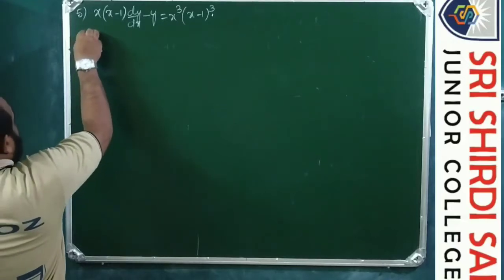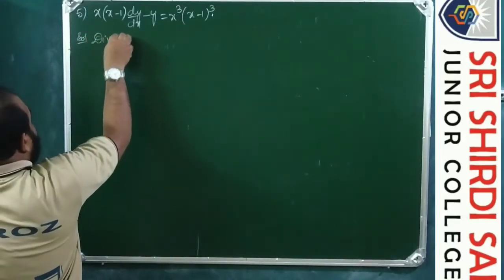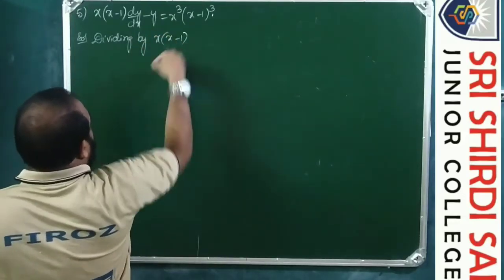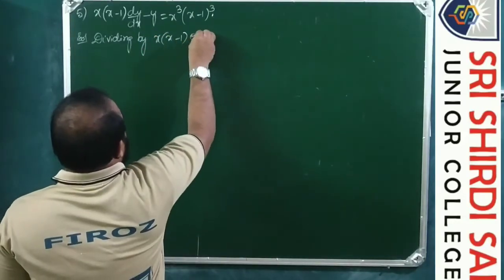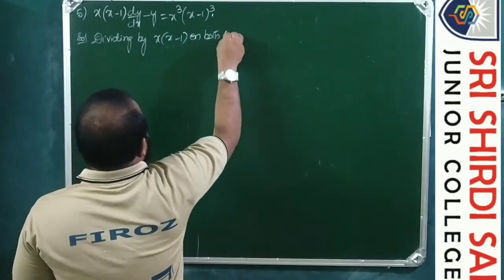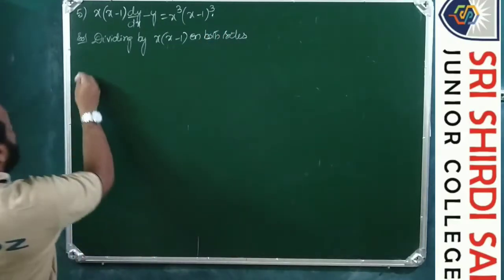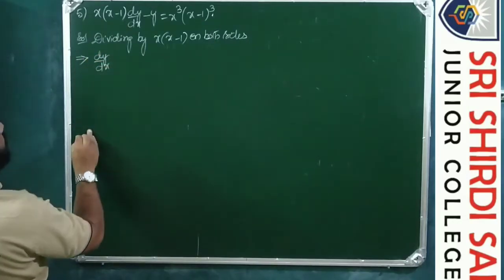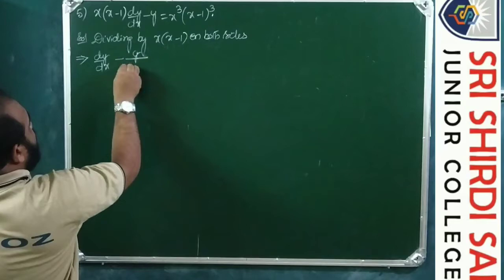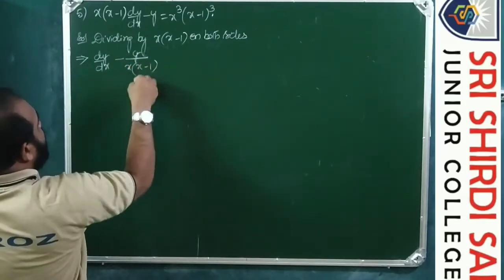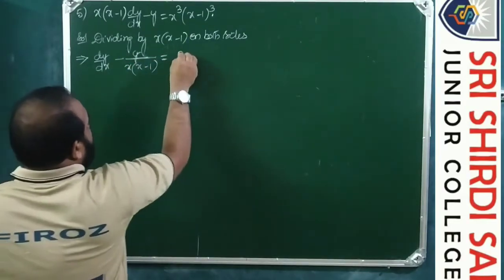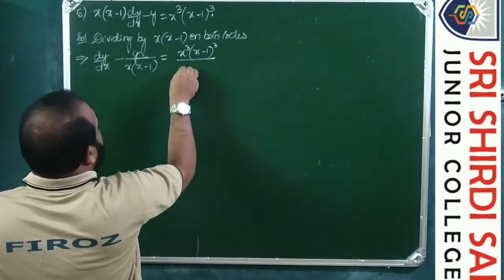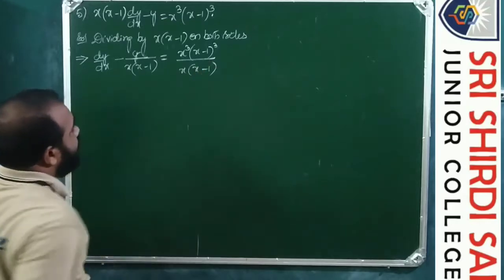So dividing by x into (x minus 1) on both sides, this is dy by dx minus y into (x minus 1) is equal to x cube into (x minus 1) whole cube by x into (x minus 1).